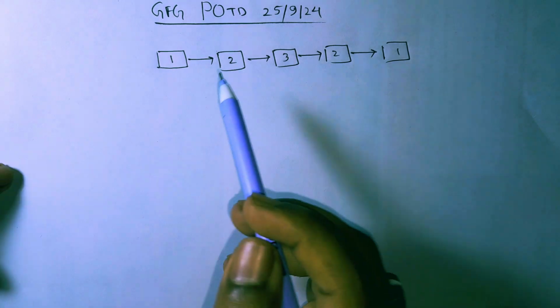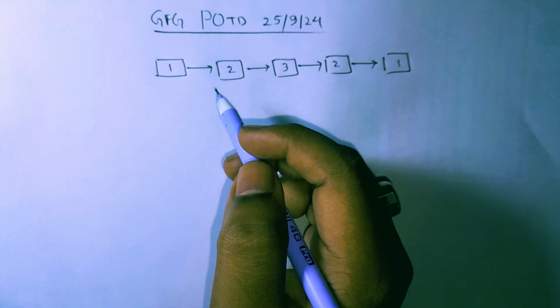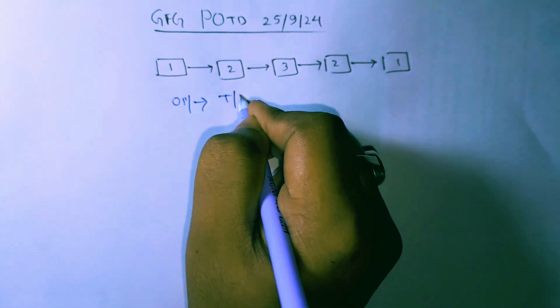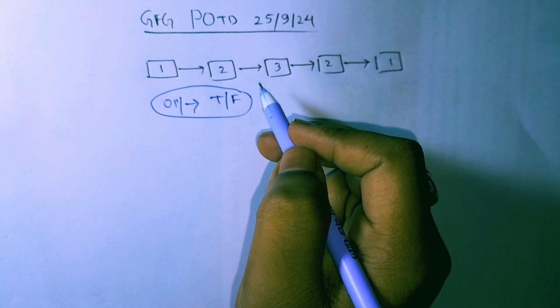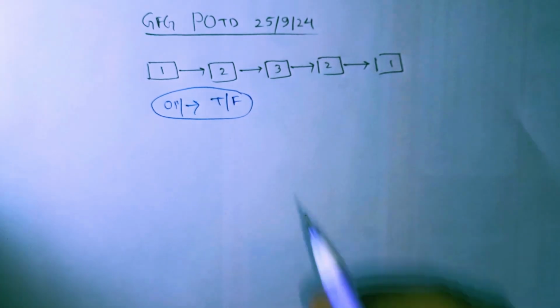So this is the given linked list, and in output I have to return true or false. If the linked list is palindrome, then I will return true, else I will return false.